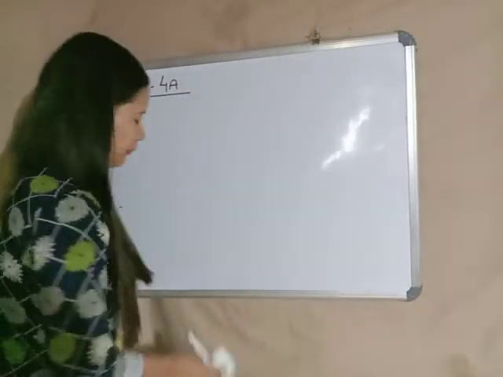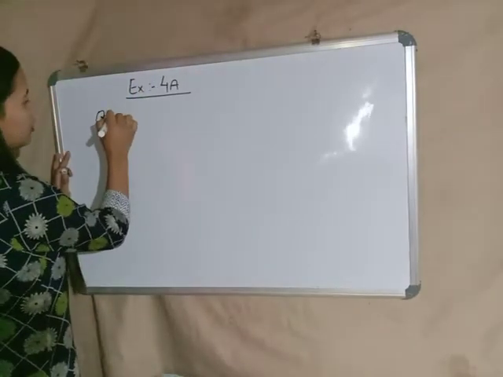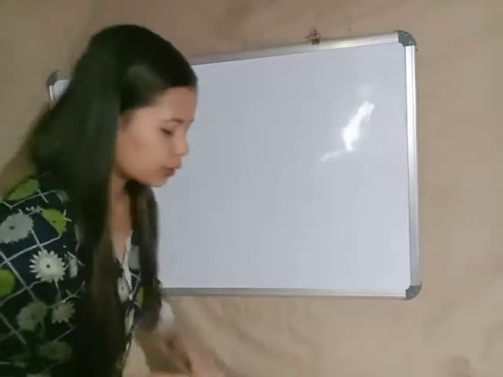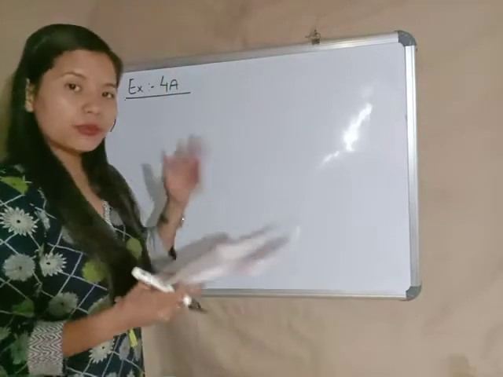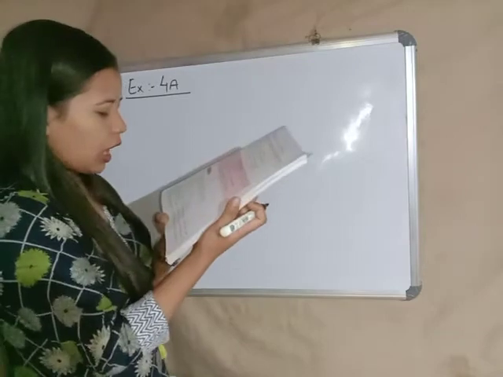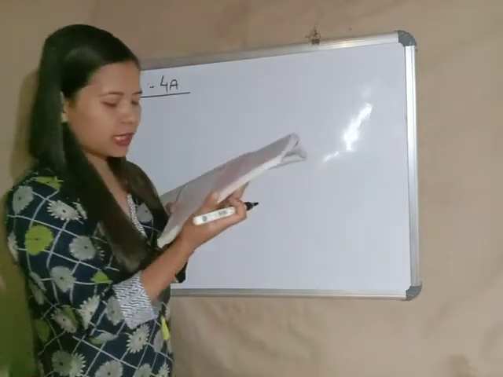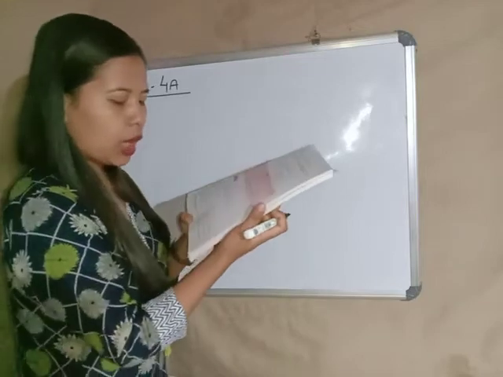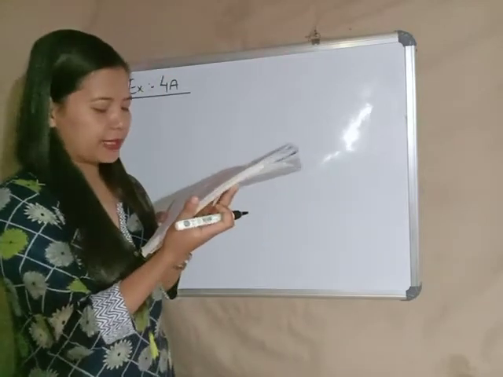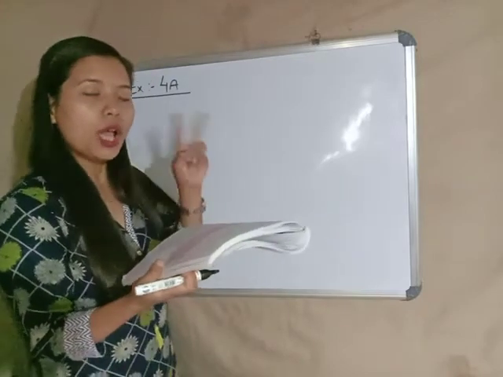Question number 6 is similar to the example question that we discussed yesterday in the class. It says, if a shopkeeper sells a pen for rupees 80, he will incur a loss of rupees 20. So this is the first case, that if he sells a pen at rupees 80, he will be at a loss of rupees 20.